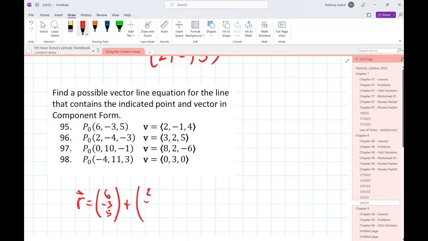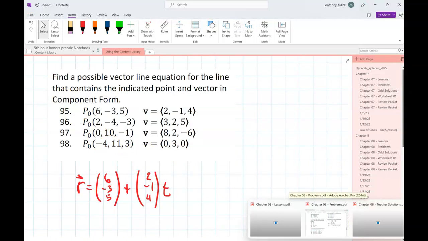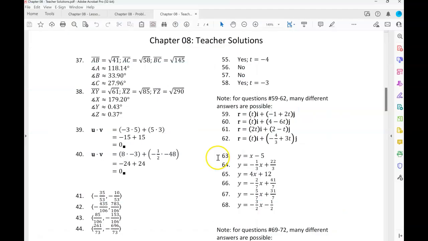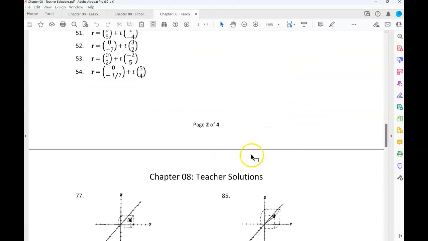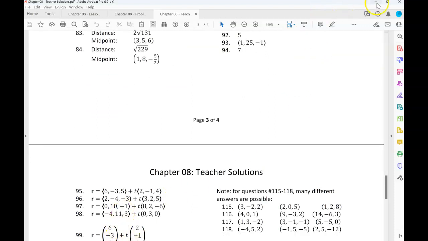And we have a vector in the same direction of the line. If they want this in component form, I'm confused a little bit by my own direction there. If they're saying the vector we're given is in component form, or they want our answer in component form. So I'm just going to cheat here real quick and look at the answer. This was an odd one anyway, okay, so they wrote it that way.